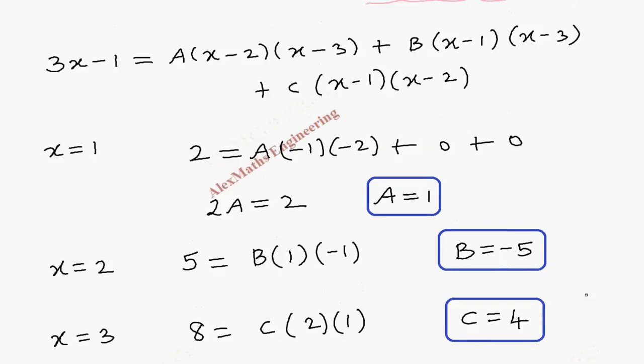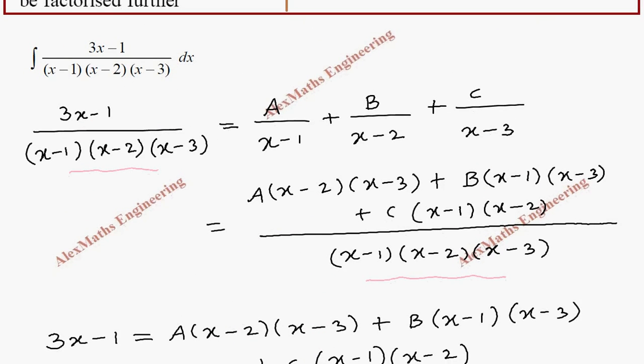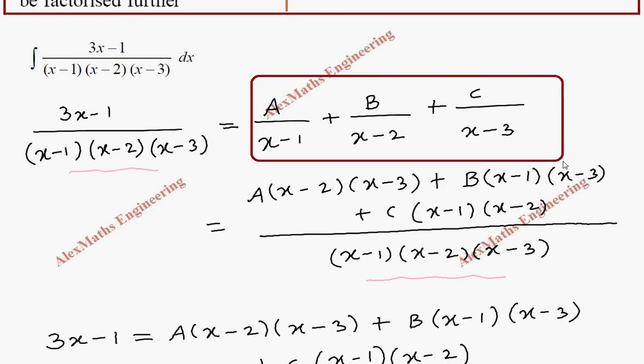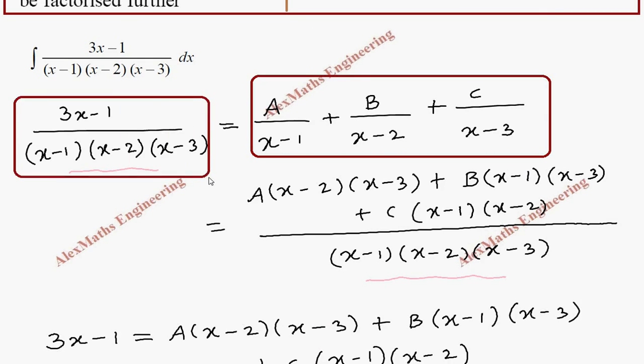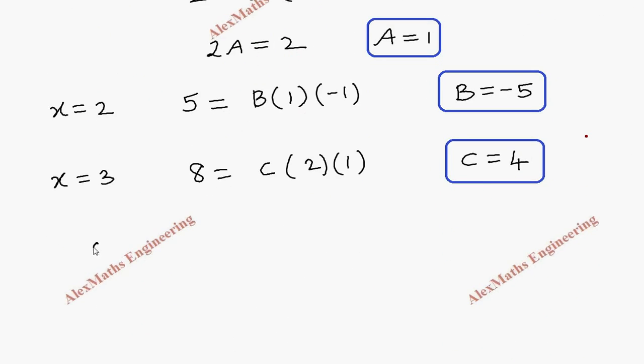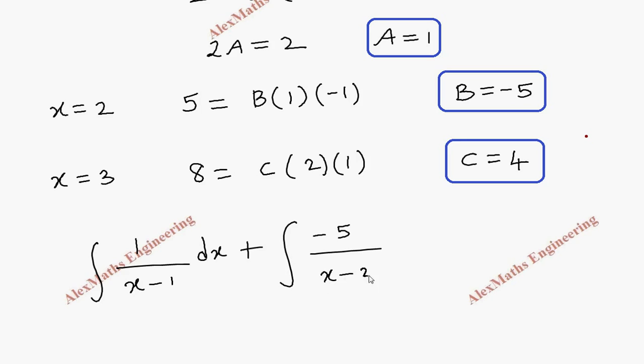This we are going to substitute in the place where we applied the rule. So instead of integrating this, I am going to take this and integrate. So now the integration of a value is 1 by x minus 1 dx, then plus b value is minus 5 by the second factor dx, then the third term c by x minus 3 dx.